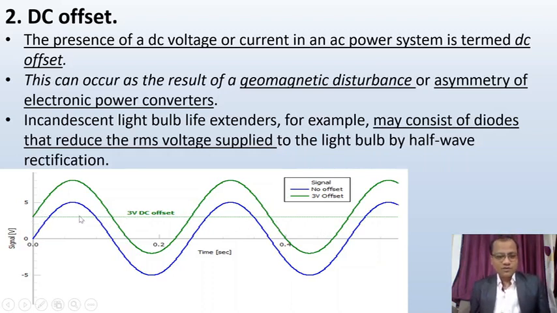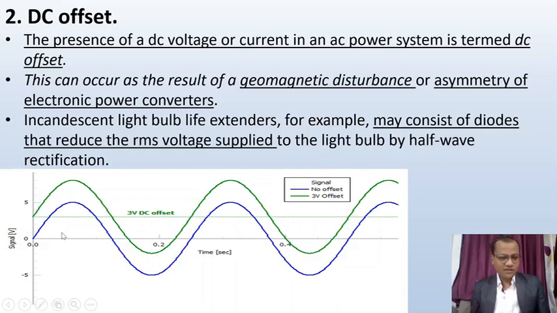Suppose we observe here a DC offset of 3 volts which might be poured into this particular voltage signal. This blue signal indicates the no offset signal, and this green one indicates the waveform after the DC offset of 3 volts, slightly shifted over the blue line.